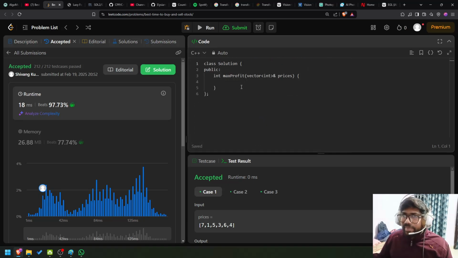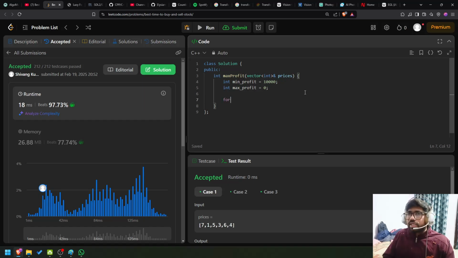Okay, so I can go int min price equals 10,000, then int max profit equals 0, and then you go for int price in prices.